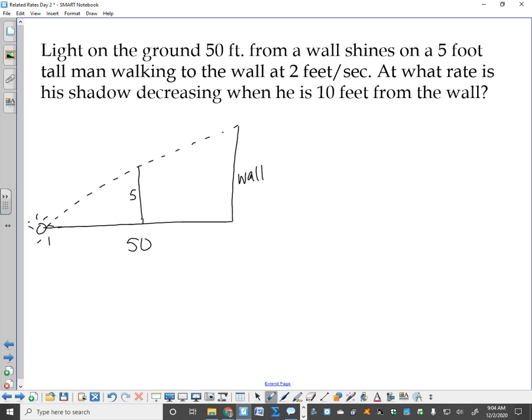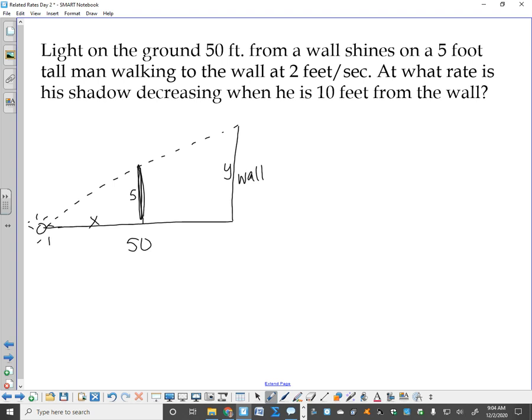Light on the ground 50 feet from a wall shines on a 5-foot tall man. Okay, so where is his shadow going to be? His shadow is going to be here on the wall. So we'll call that Y. Shadow's not on the ground because the light is shining like behind him. So it's going to project his shadow onto the wall. I'm going to call this distance X, and you'll see why here in a second.